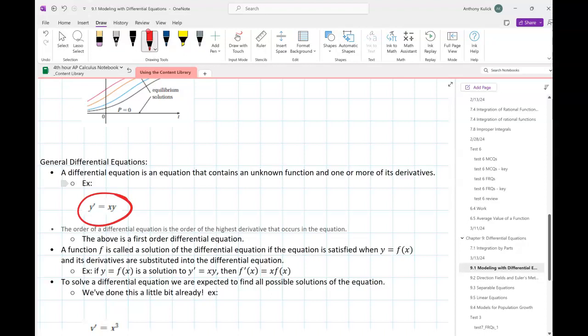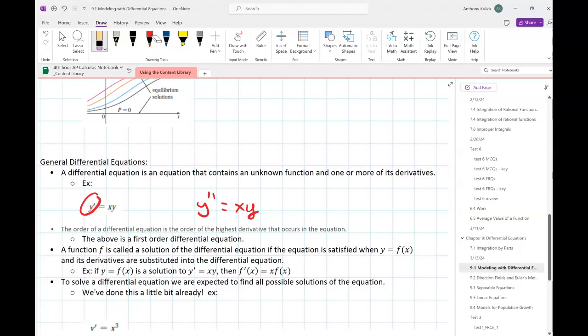Y prime is a derivative, one of the variables is the function y, and another is some function x, right? The order of the differential equation is the order of the highest derivative in the equation. So this would be a first order differential equation. If it was y double prime equals xy, that would be a second order differential equation.